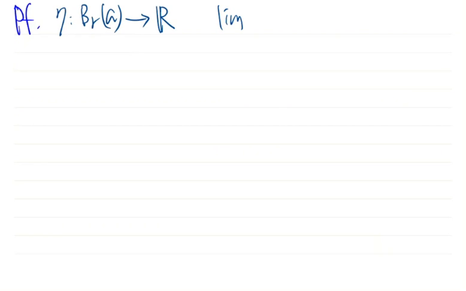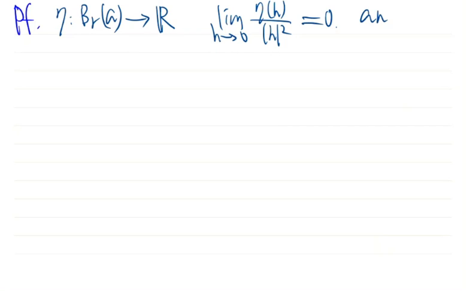There is a function eta defined on the r neighborhood of the critical point A, such that the limit of this function divided by the norm square is 0.